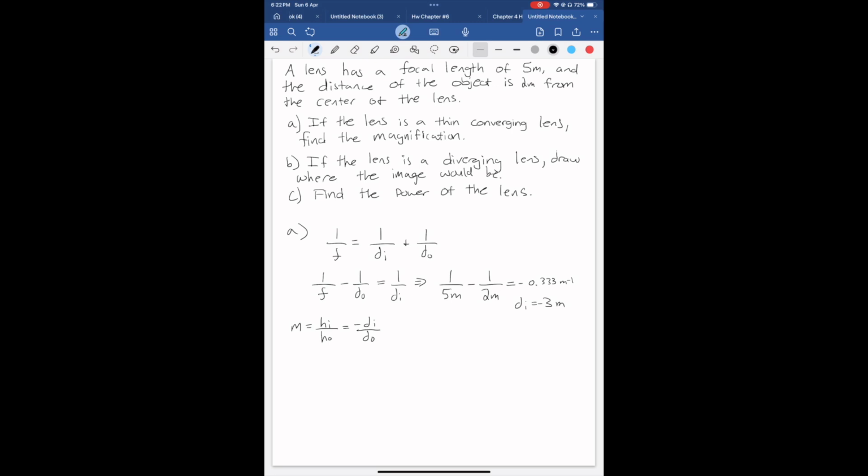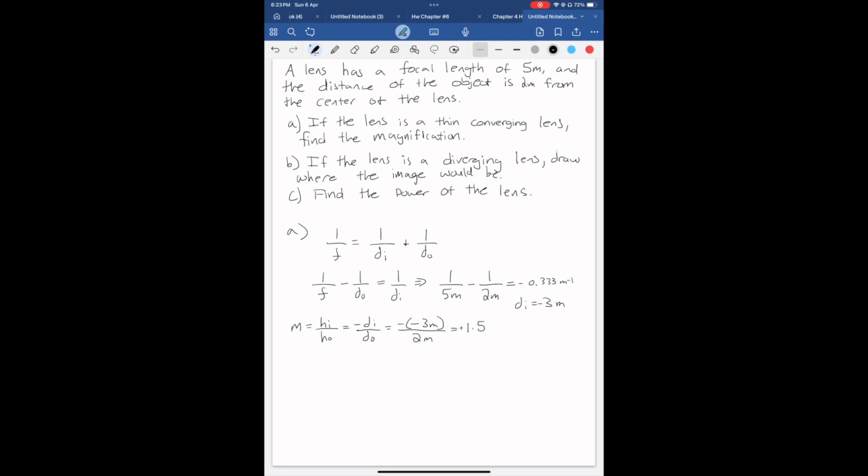If we plug our number in, we get negative 3 meters over the distance of the object, 2 meters. So this is going to be dimensionless. We get 1.5. So this means the image is actually bigger than the object, and it's positive.